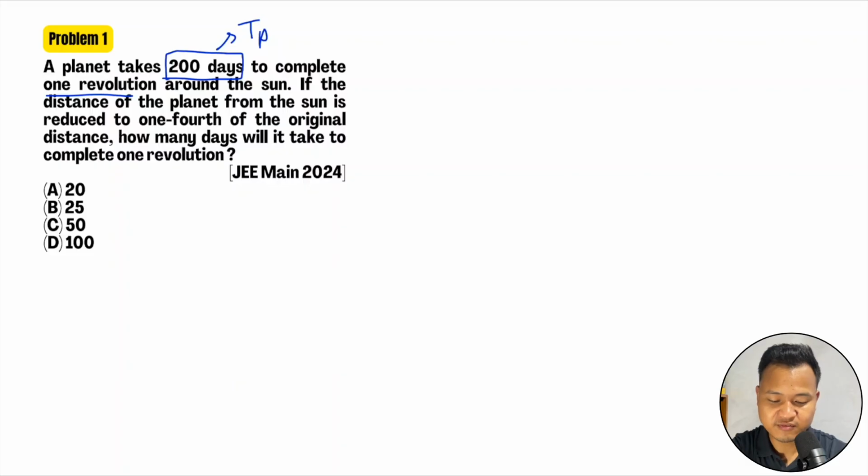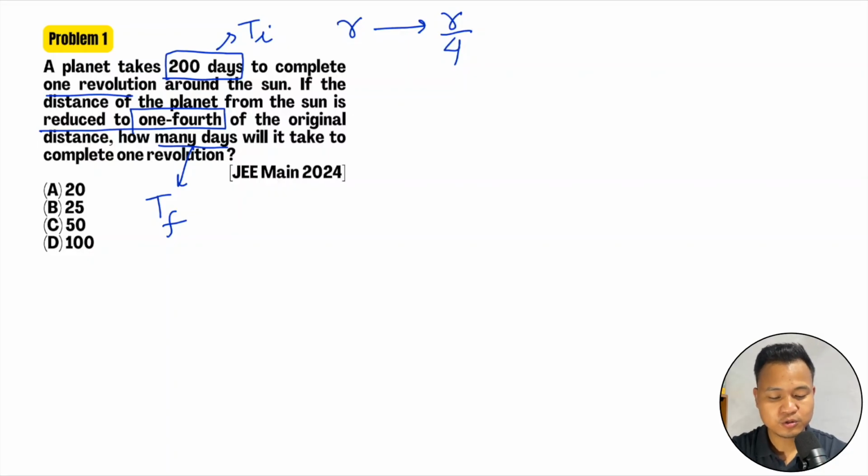If the distance of the planet from the sun is reduced to 1/4, that is, from r to r by 4, then how many days will the new time period be? So you can imagine this as two planets. Planet 1 is revolving at a 200 days time period.